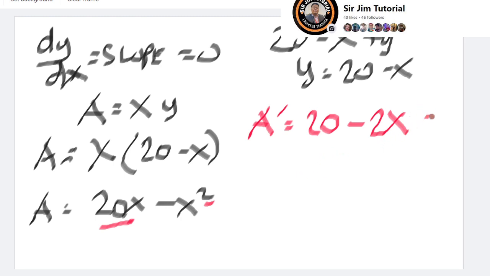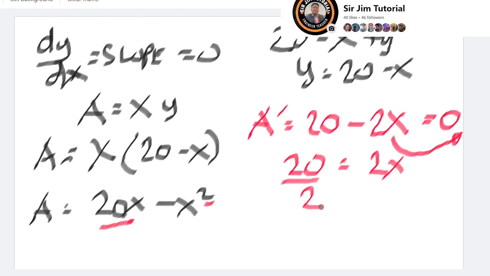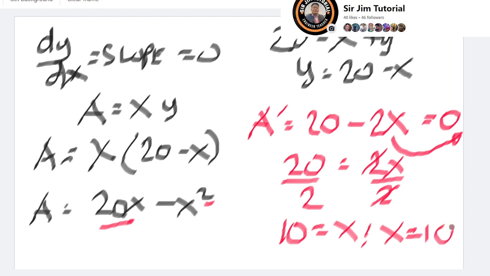As we said, when we set this value equal to 0, we get the maximum value. So if we move this one to the right, that becomes 20 is equal to 2x. We divide both sides by 2, so this is 10 is equal to x, or x is equal to 10.